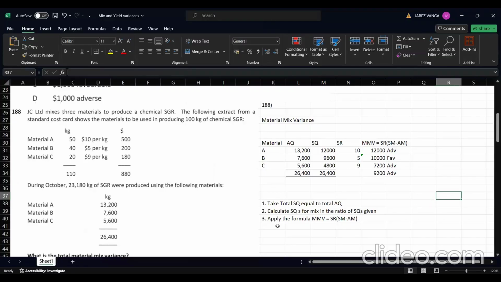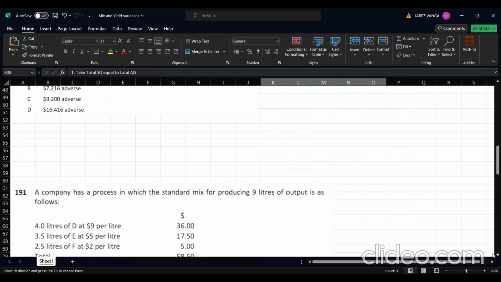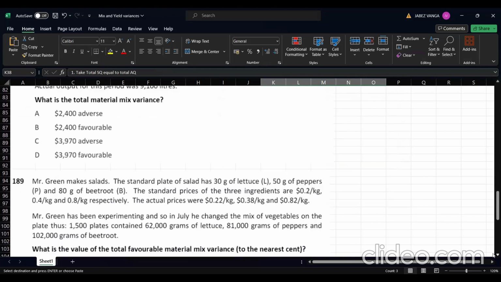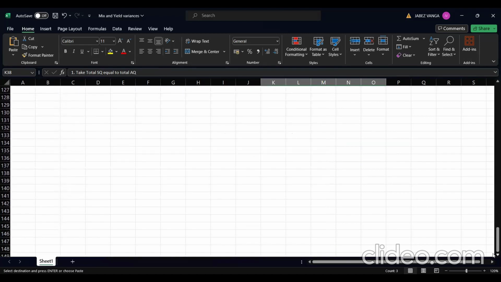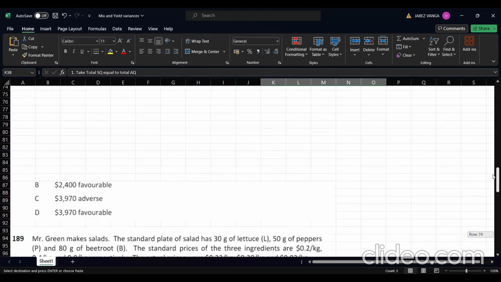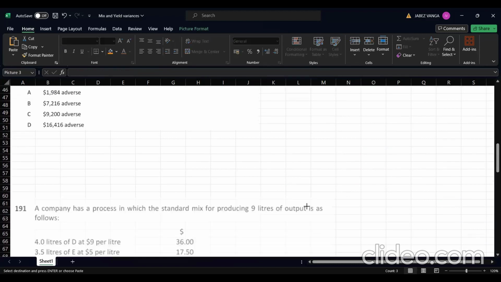I hope you remember the three steps. Let's take these three steps; it becomes easy for us to remember. This is question number 191.